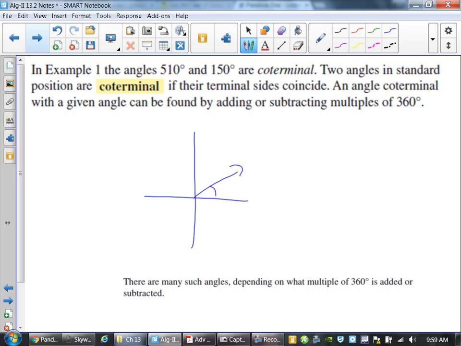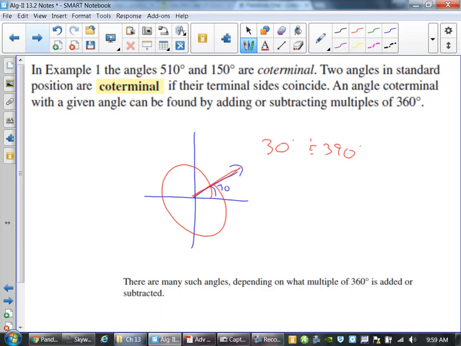If this is 30 degrees, if I took another angle and spun it around, it would be 360 plus 30 degrees, which would be 390. So 30 and 390 share the exact same terminal side.